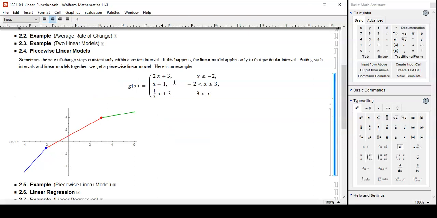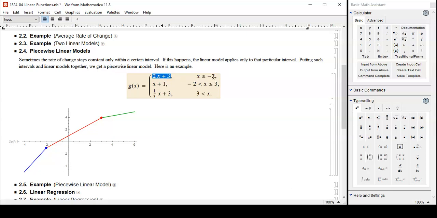Like this. When x is less than -2, we have one linear model, blue, with slope 2. In the second interval, between -2 and 3, we have slope 1. And when x is greater than 3, we have slope 1/3. And this kind of linear model.